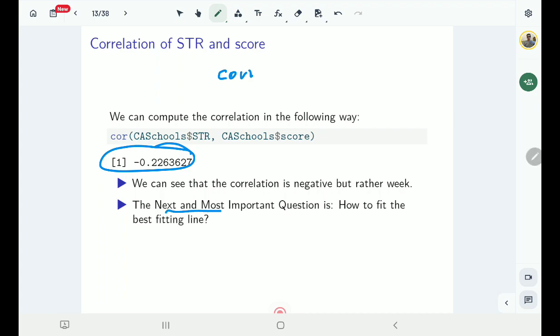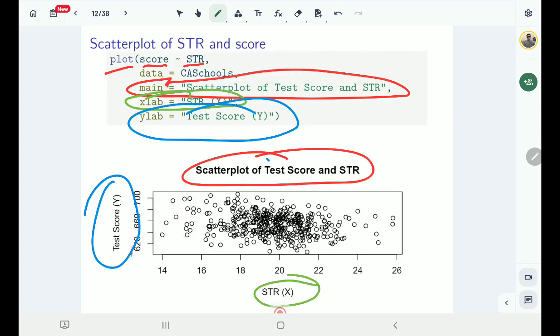So the next and most important question is how to fit the best fitting line. The idea is this: if you look at this scatter plot, there are potentially infinitely many lines that can pass through this data cloud. So which one is the best fitting line?